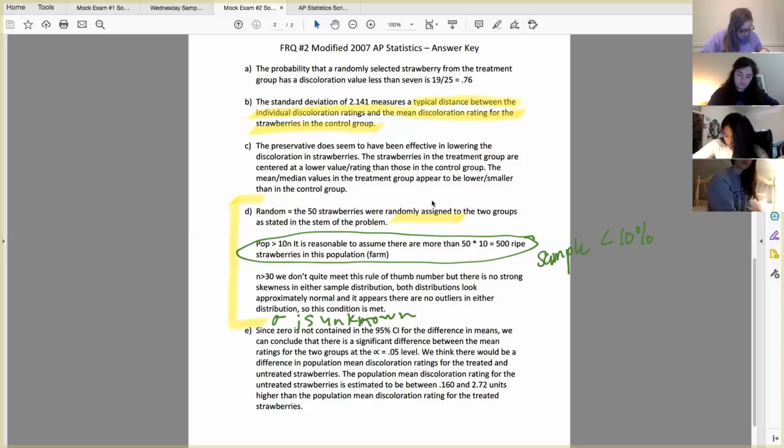And then E, the question was, is there significant evidence of a difference? And 0 is not contained in my 95% confidence interval. So we can conclude that there is a significant difference. Also, whenever you have a question like this, they may not ask it, but it does help to indicate which direction if you don't have 0 in your interval.